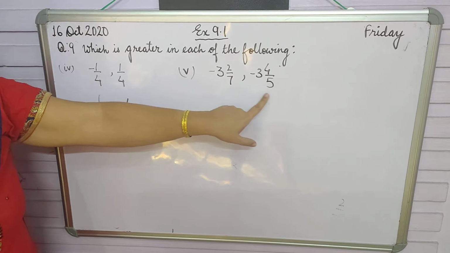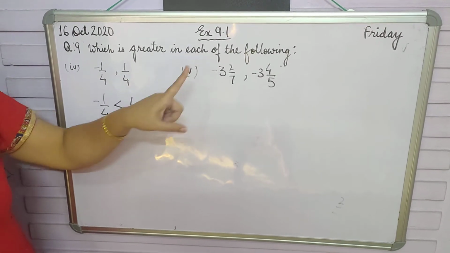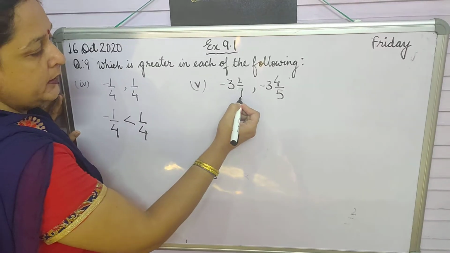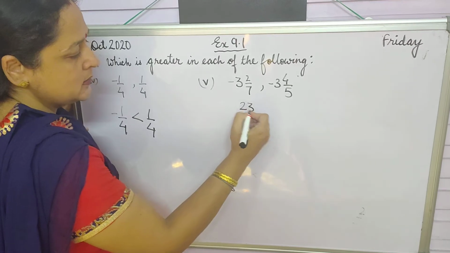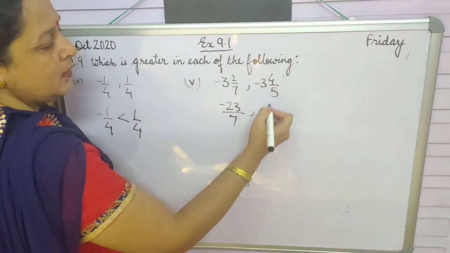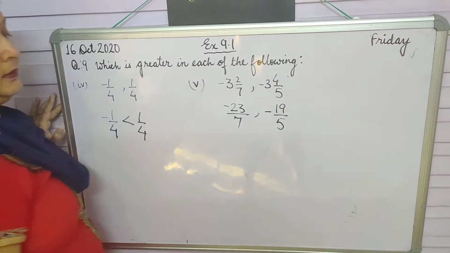Now in fifth part, we have two numbers in mixed fraction. Let us first convert this mixed fraction into improper. 3 sevens are 21 plus 2, 23. So it comes out to be minus 23 upon 7. 3 fives are 15 plus 4, 19. So 19 by 5.